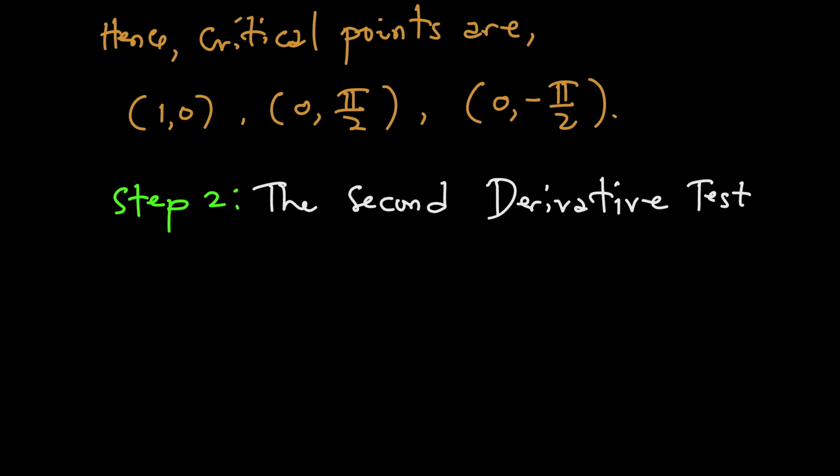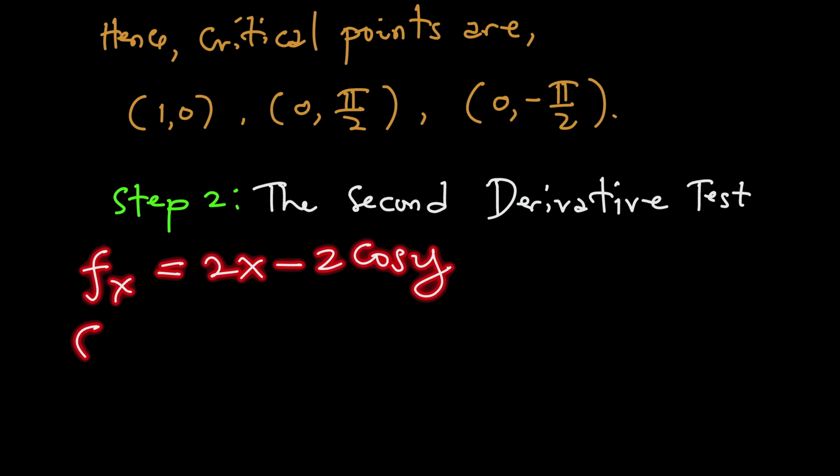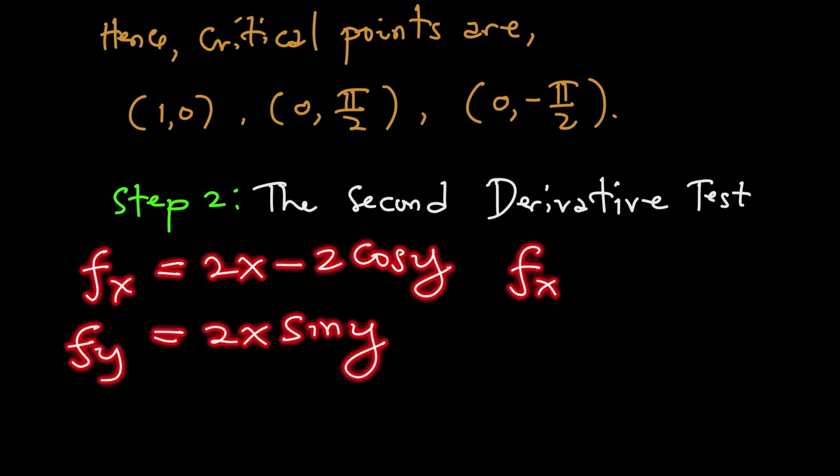Let us now solve the second partial derivatives of f. Notice that what we have obtained for fx is 2x minus 2 cosine of y. And for fy, we obtain 2x sine y. So that fxx, or differentiating this one again with respect to x, you will obtain 2 since this other term has derivative equal to 0.